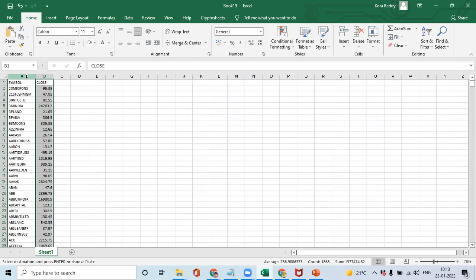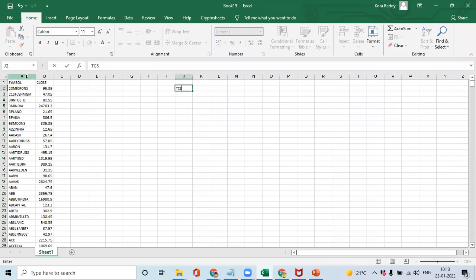Now, what are the stocks that you own? Let's say I own TCS, and I own SBI. How do I find the price from this? VLOOKUP.